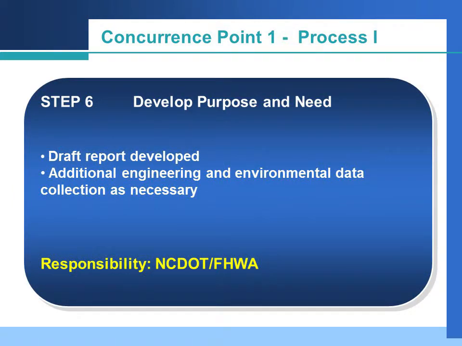Step 6 in Process 1 involves developing the purpose and need. The project development engineer will prepare a draft purpose and need report, which will be developed using the problem statement from transportation planning, if one was developed, or else using data collected during scoping.